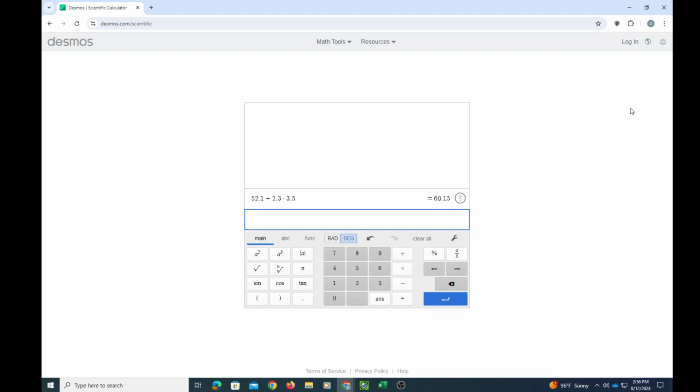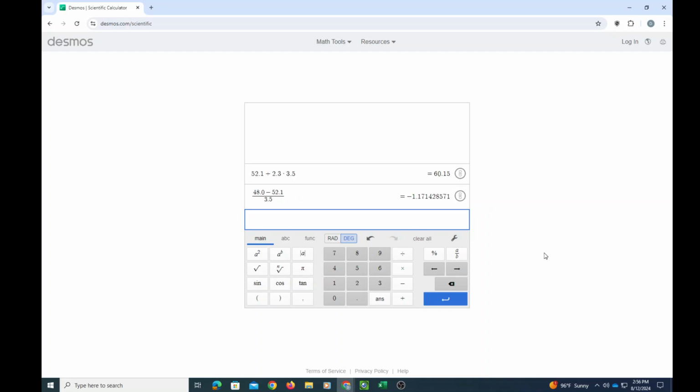And I'm just going to type it in exactly the way it looked on my page. To do that, you could go ahead and click on this little fraction thing to give you a fraction bar. And then you can type in 48.0 minus 52.1. And then arrow down to the denominator and put in 3.5. And that's it.